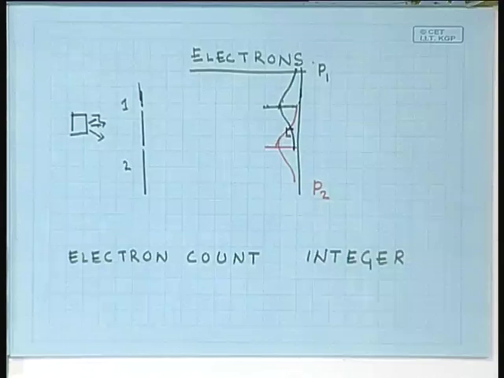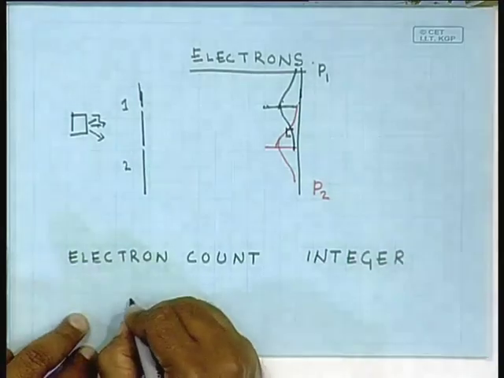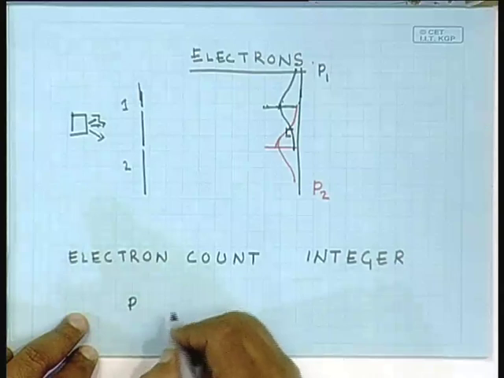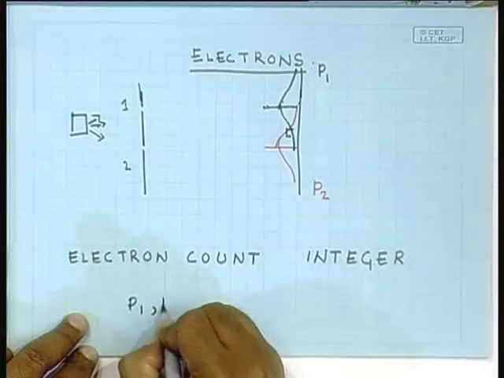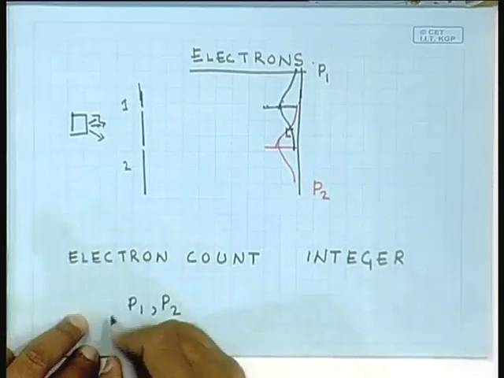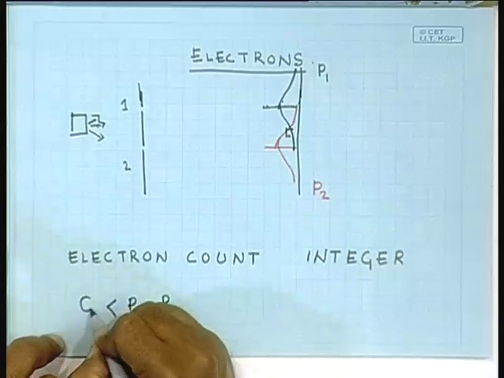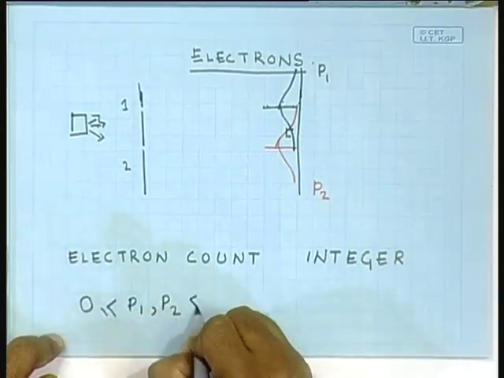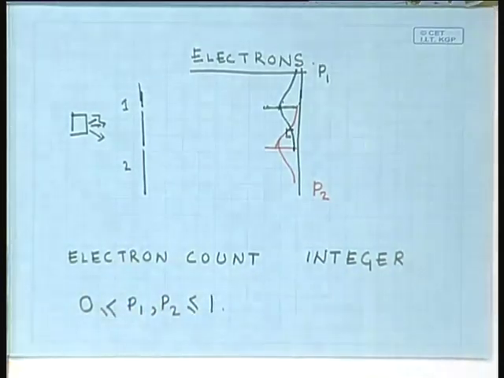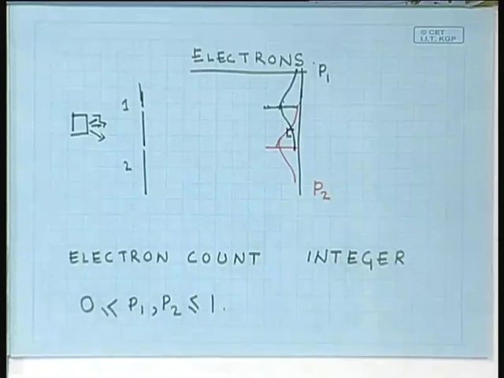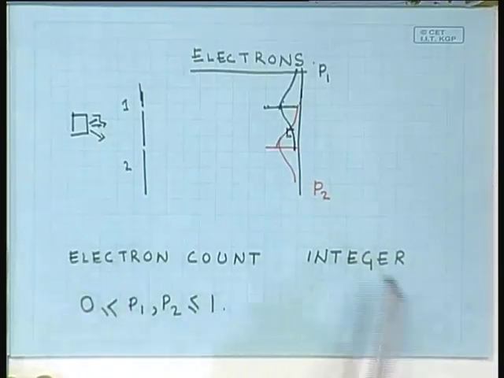The probability P1 or the probability P2, or any probability as such, is always in the range 0 to 1. The probability is typically a fraction in the range 0 to 1, but the electron count is going to be an integer.